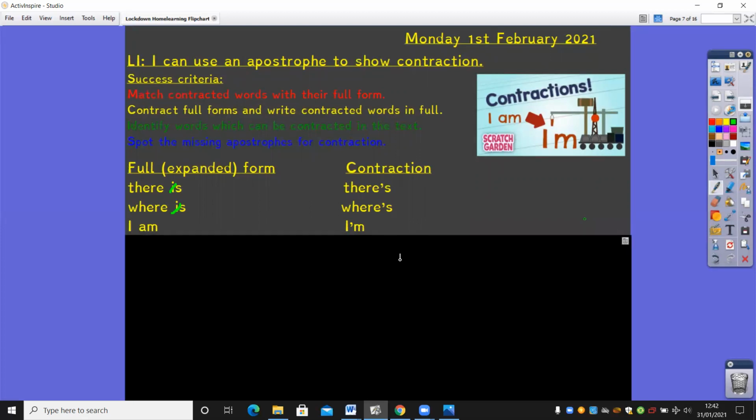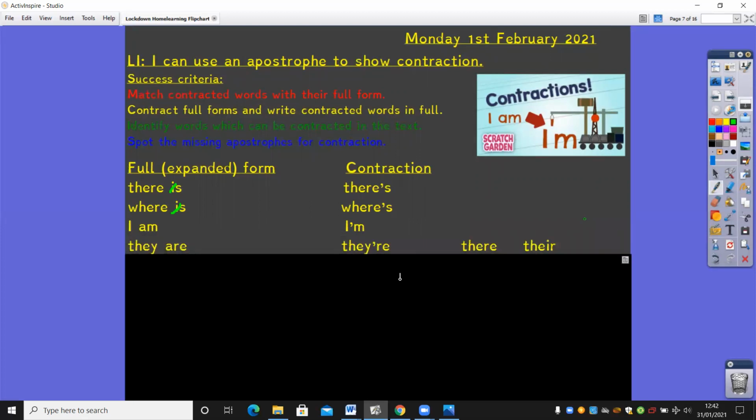Our next example is I am, which we've already talked about. Let's have a look at they are. Children, what happens when we contract the two words they are? That's right, it's the letter A that gets squashed out completely, and instead we have an apostrophe there between they and RE.